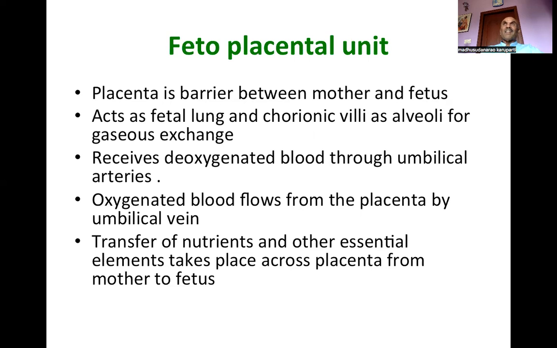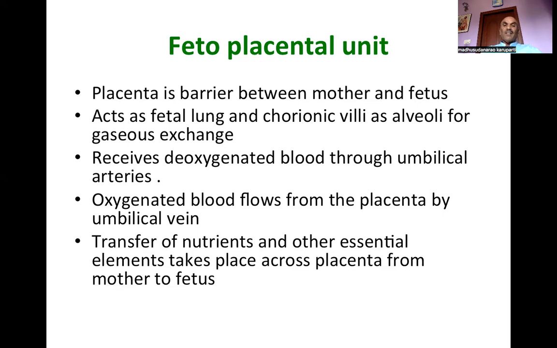It is the placenta that takes care of the growth of the fetus, providing required elements like oxygen for adequate growth of the baby. It acts as a fetal lung, with chorionic villi as alveoli for gaseous exchange.